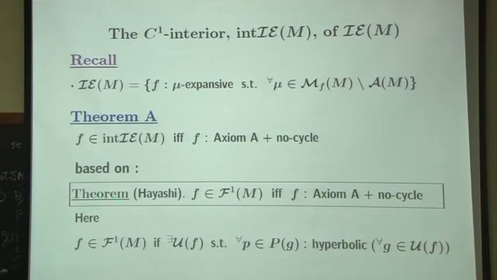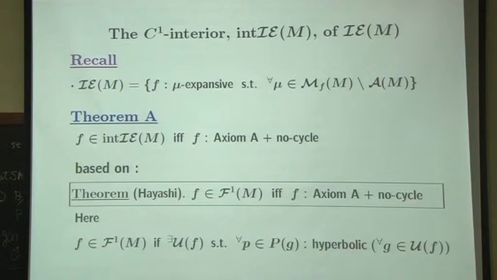To do this, we use this well-known important fact. This result is by Hayashi: if F is in the interior, then all periodic points of every nearby system are also hyperbolic.